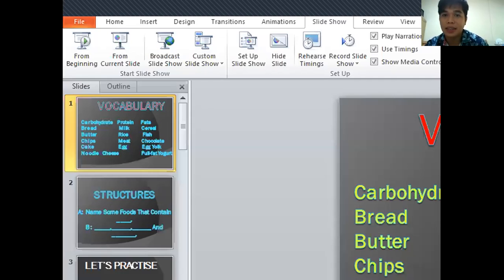Let's read first our vocabulary for today.